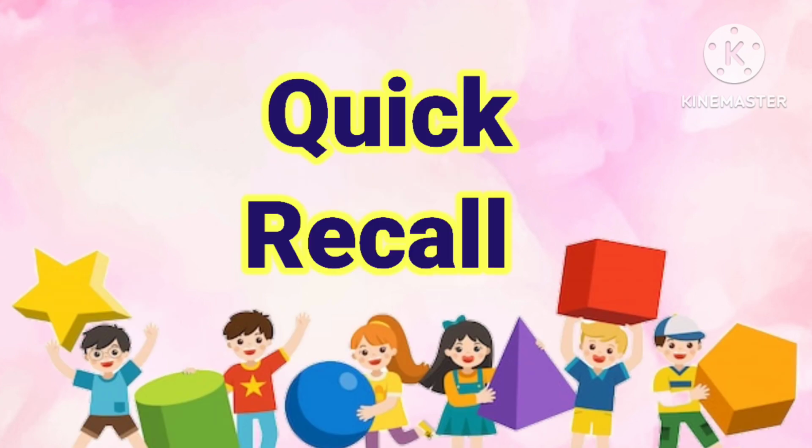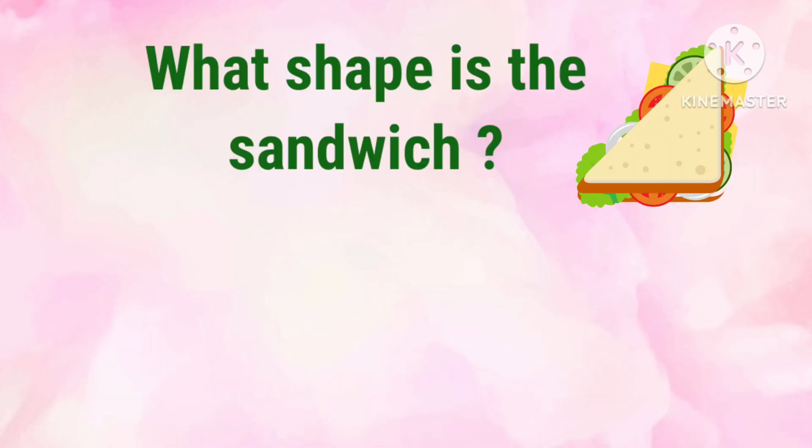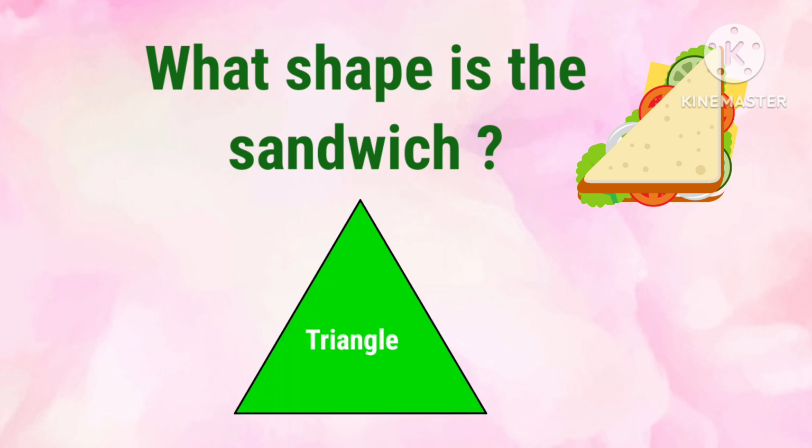So, kids, let's try to recall some of the shapes that we have learned. Are you ready? Let's start. What shape is the sandwich? The shape of the sandwich is triangle.